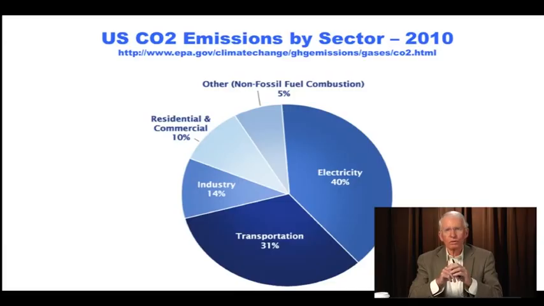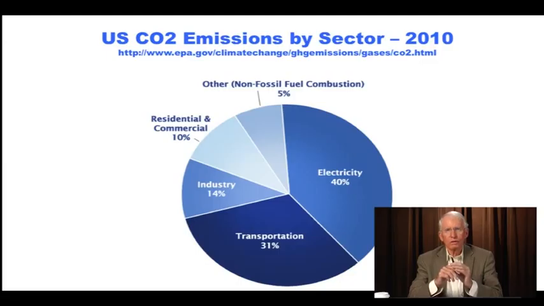Transportation means oil consumption in our vehicles, trucks, airplanes, dominated by automobiles that burn oil. And the fuel that dominates electricity, at least the largest chunk of it, is coal. So we have coal and oil as the burning that's causing the biggest CO2 emissions and the biggest problems.